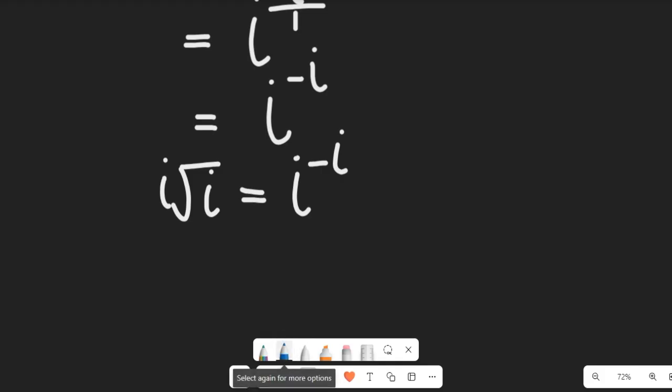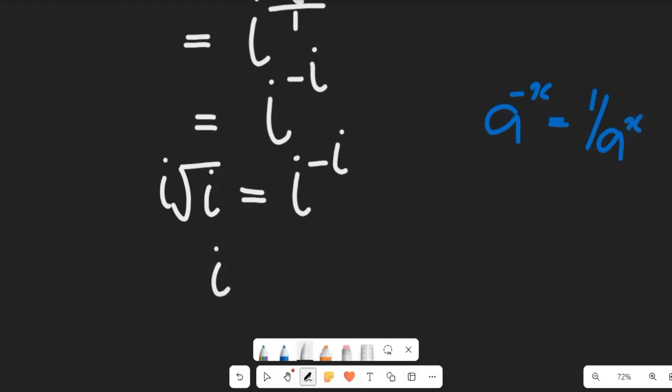And if you recall from the laws of indices, if I have a to the power of negative x, this can simply give me 1 divided by a to the power of x. So the value of the ith root of i can simply be equal to 1 divided by i to the power of i.